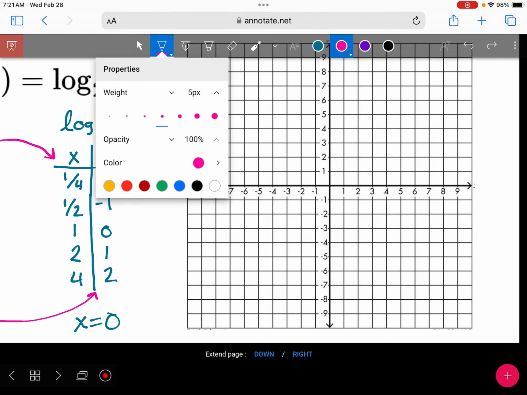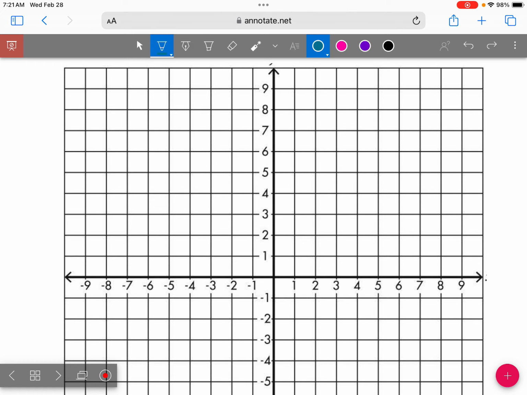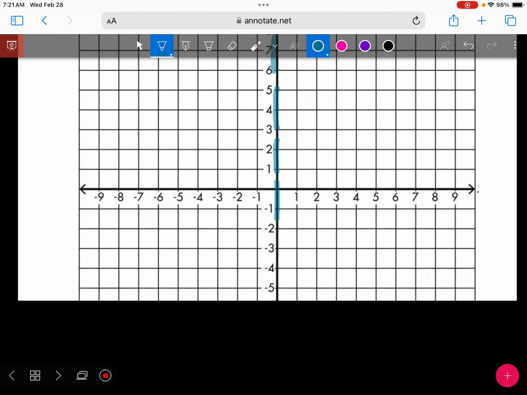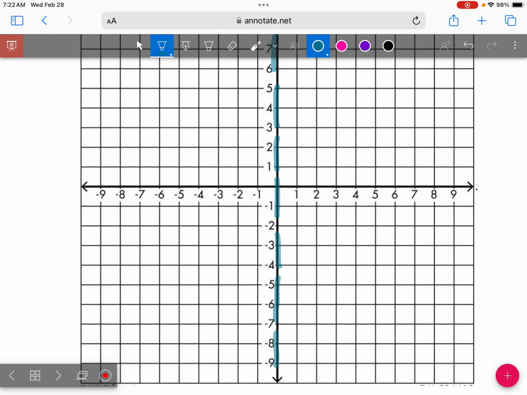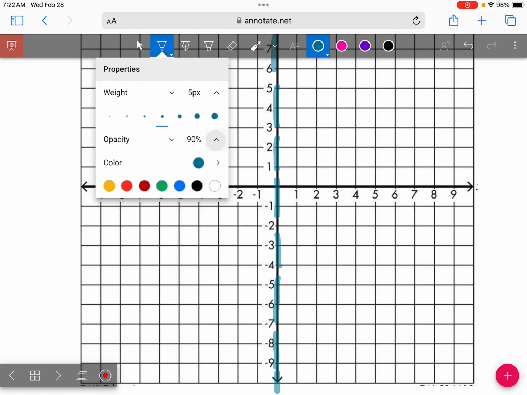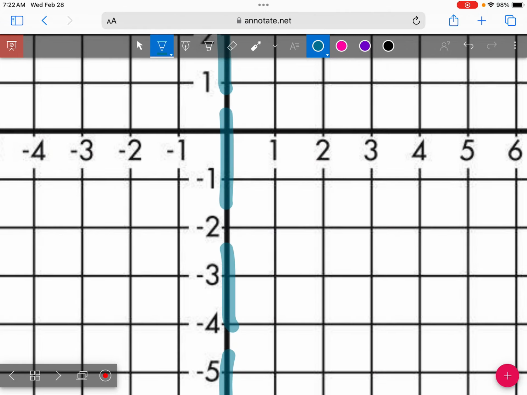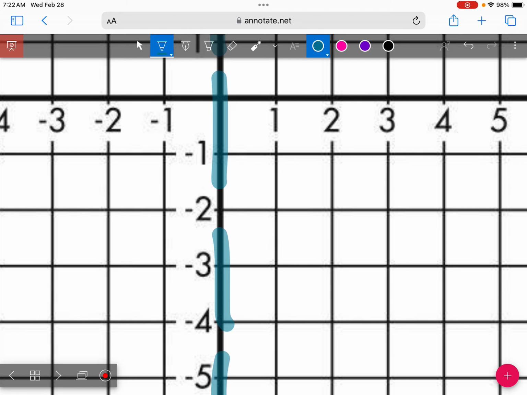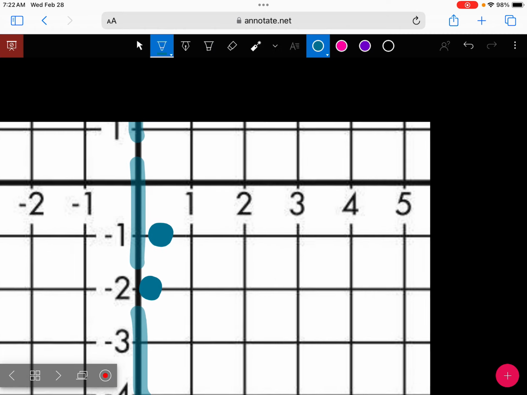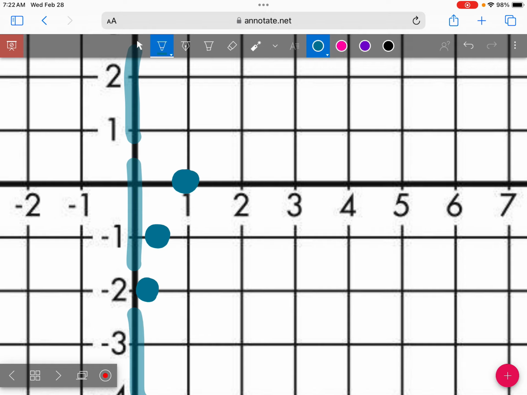So when we go to graph it, I'm going to graph that asymptote at x equals 0. That is a vertical line like this. And then when we plot up our points, we have our 1/4, -2; 1/2, -1; 1, 0; 2, 1; 4, 2.